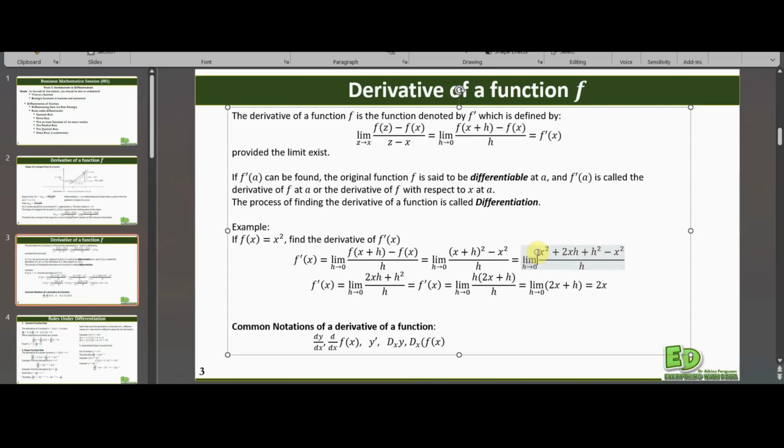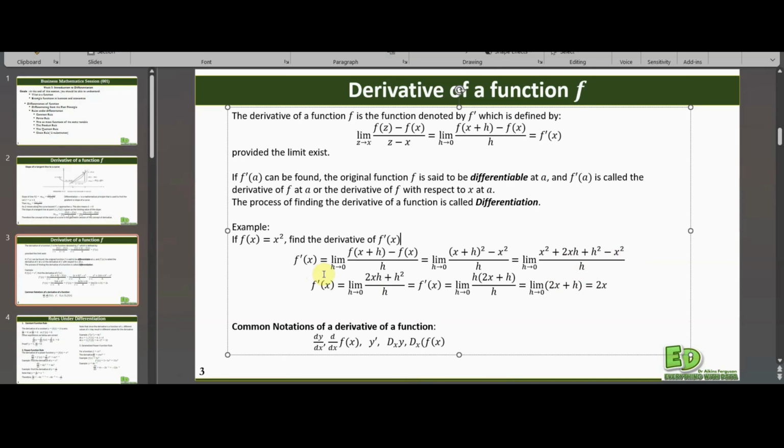This term, x squared plus 2xh plus h squared, is the expansion of x plus h all squared. If you expand this, you would get x squared plus 2xh plus h squared, then minus your x squared.